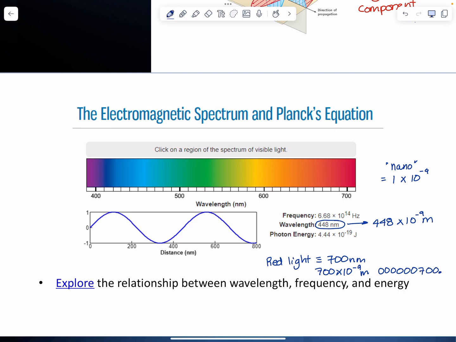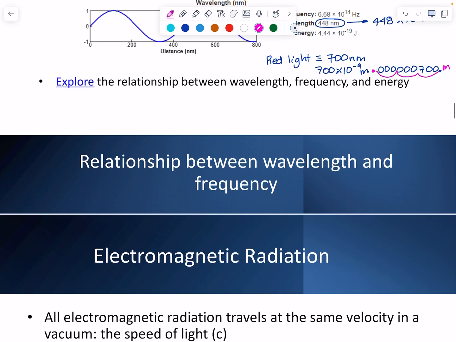If we move the decimal 9 places to the left, that's 3, another 3, another 3, so this is 0.000007 meters.